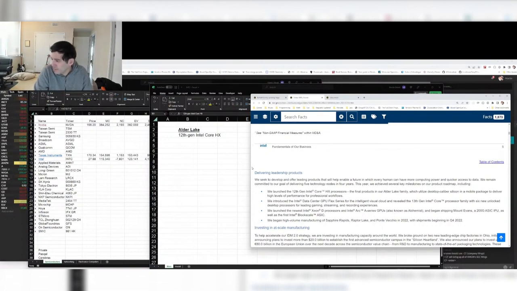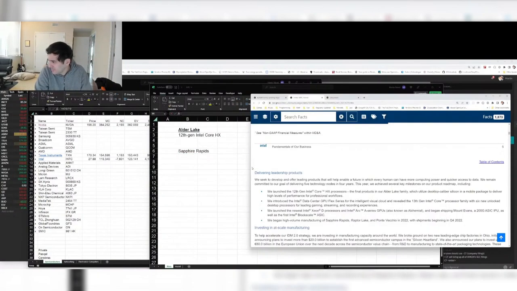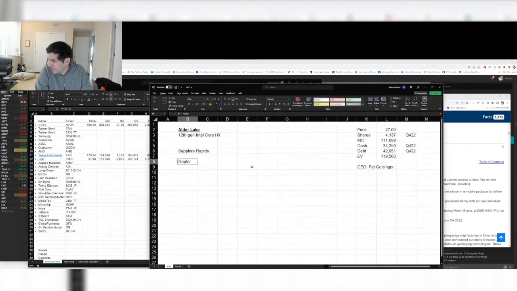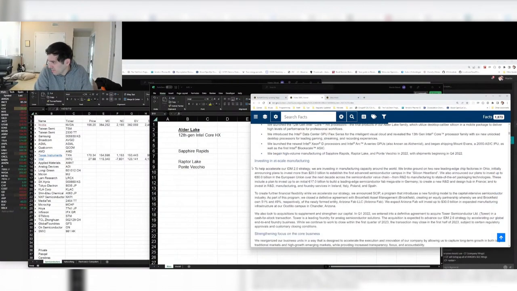They codename their processor sets. They have Sapphire Rapids, Raptor Lake, and Ponte Vecchio. There's an ASIC. I think they bought Altera years ago to get the ASIC business.